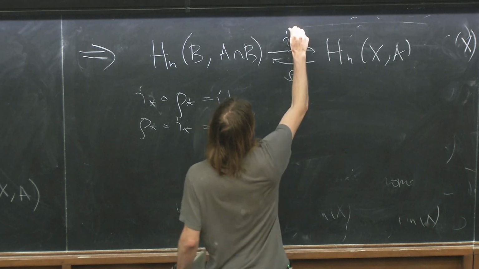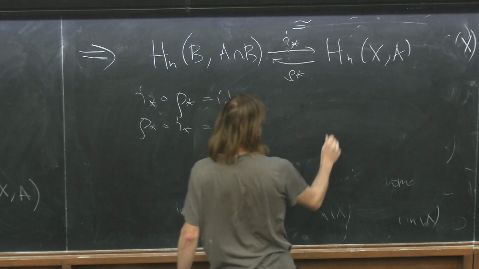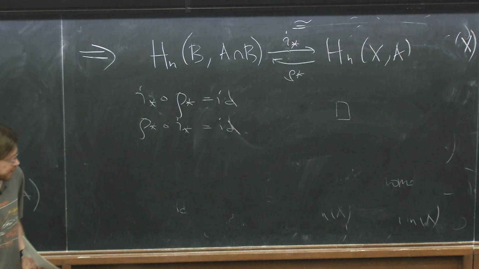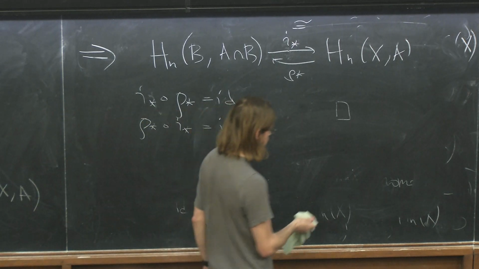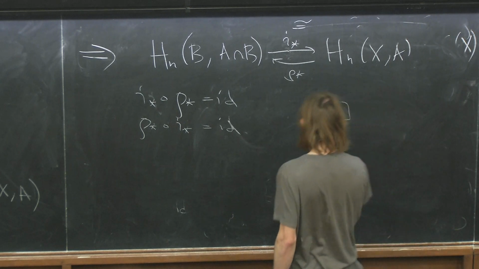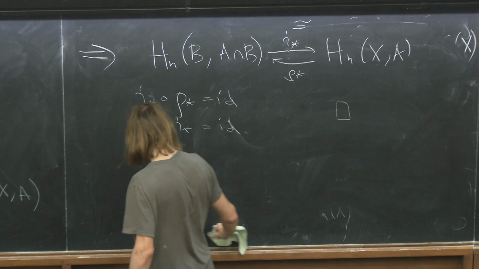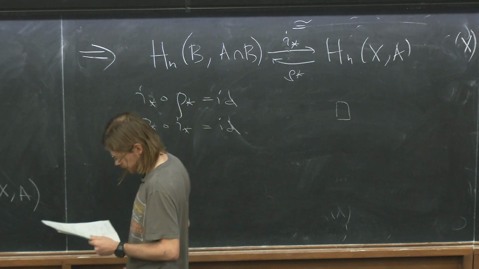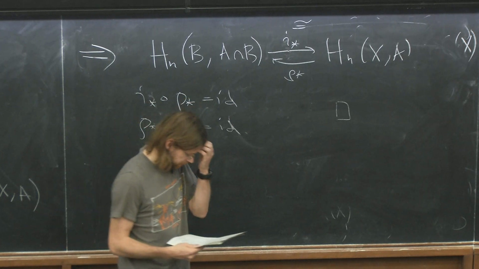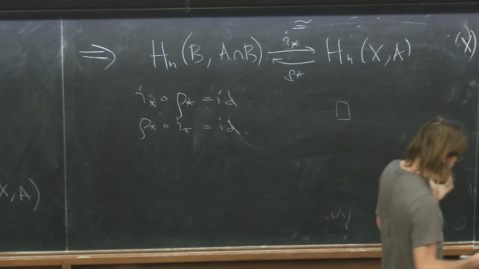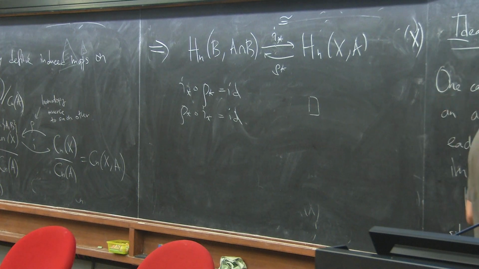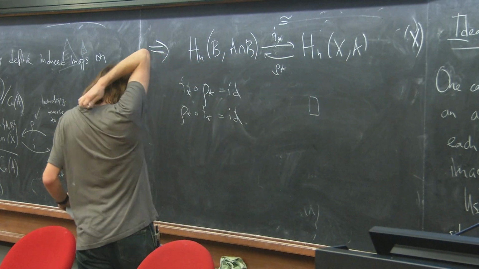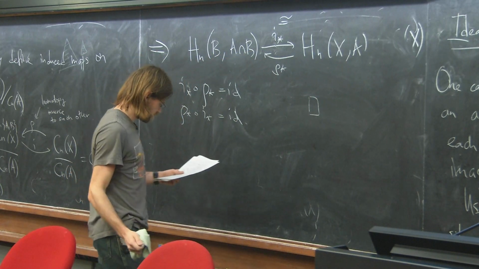This means they provide an isomorphism, and this is how one shows the statement of the excision theorem. Again, this was just an idea of the proof, just to give you intuition how this goes through.